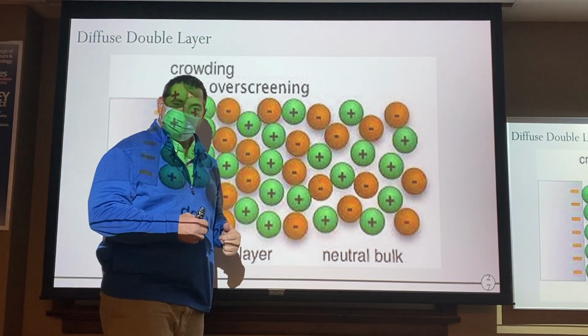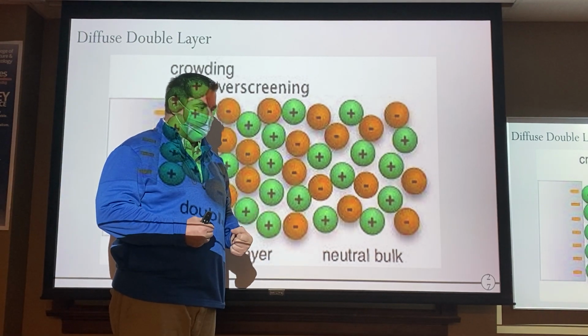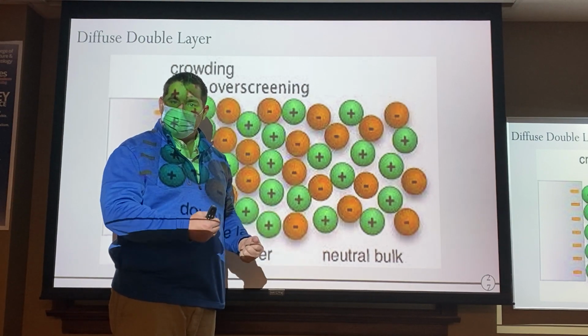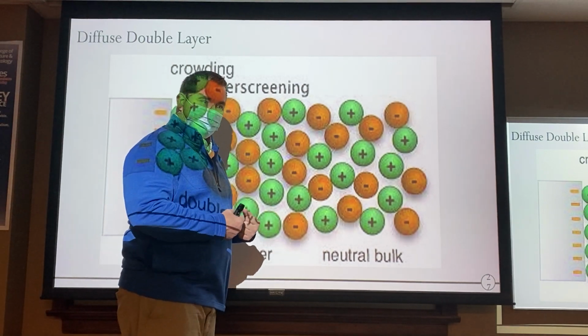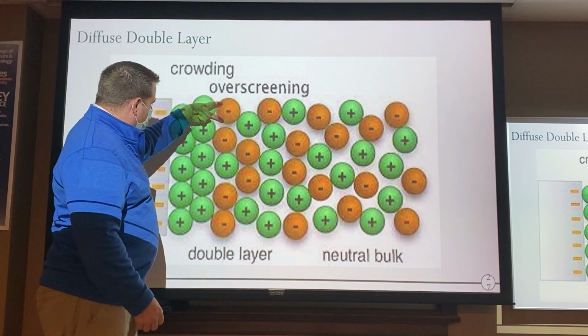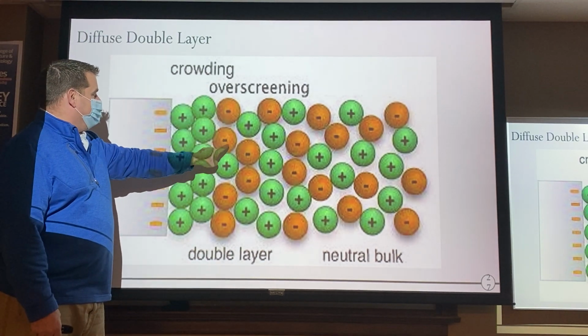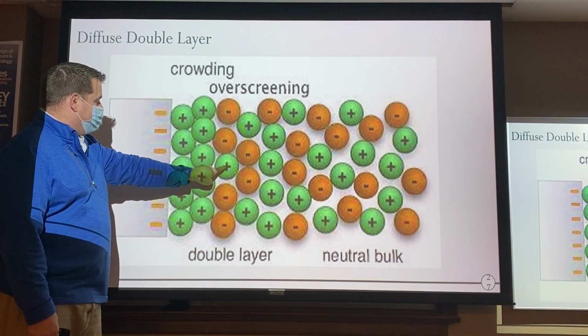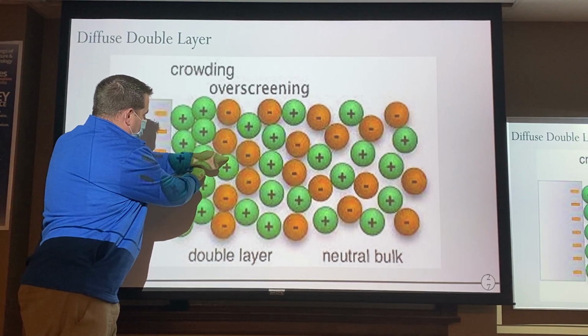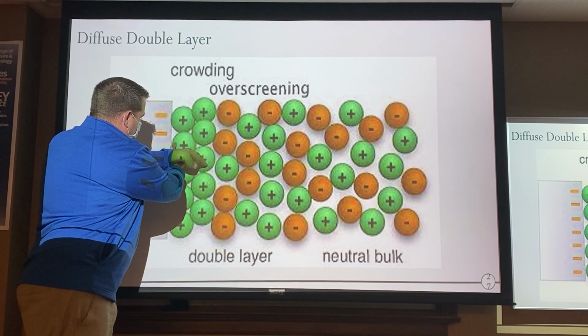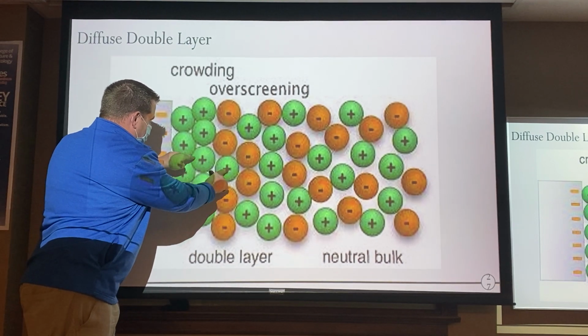This is kind of like trying to shuffle into a concert. It's not very uniform. There will be some movement in between, where we might have this cation exchange with this one, and then this one might exchange with that one, and then they might exchange back off again.